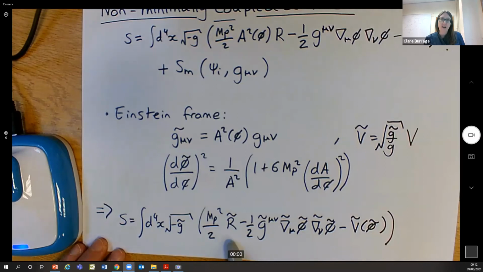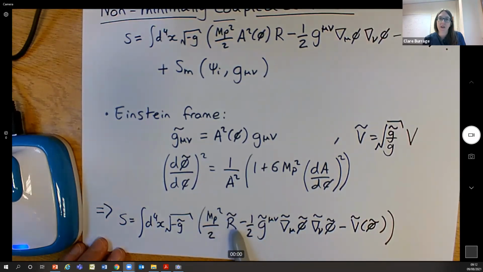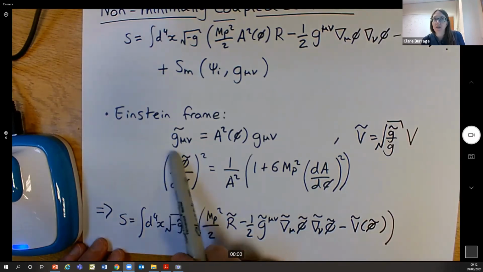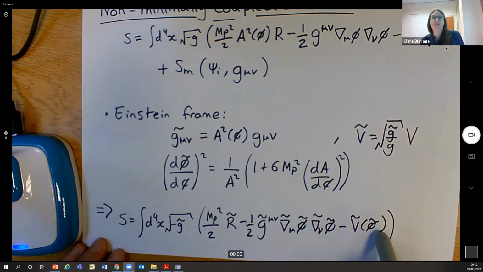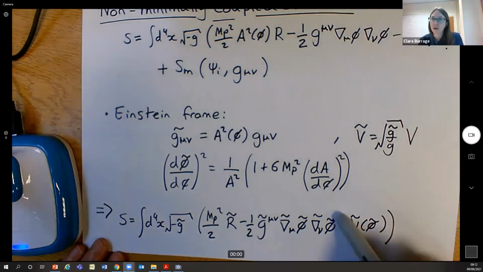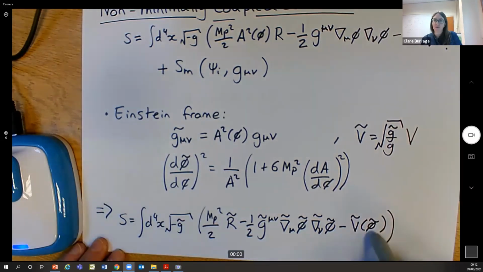So now I have an Einstein-Hilbert term, a standard gravity term in my action, for my tilde metric. I have, again, a canonical kinetic term for my scalar field, and a potential. It's not exactly the same potential that I had before, but that's fine. I've got a potential for my scalar field.